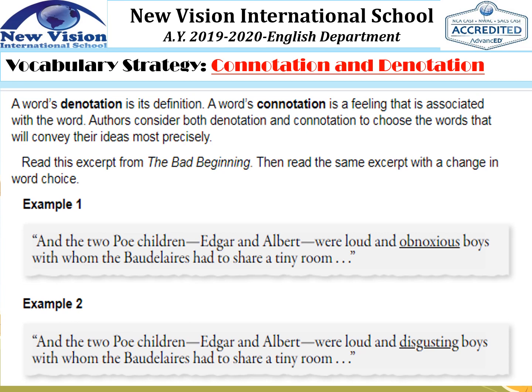Got it? Because both obnoxious and disgusting mean highly offensive, unpleasant, or distasteful. However, we could see from the word disgusting, it conveys a stronger feeling of distaste compared to the word obnoxious. Get it?